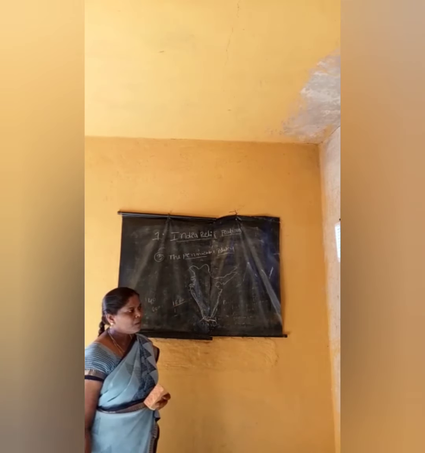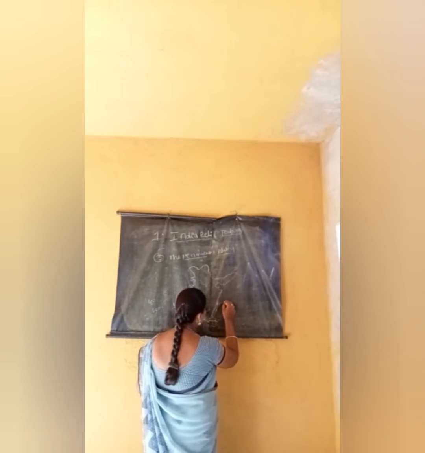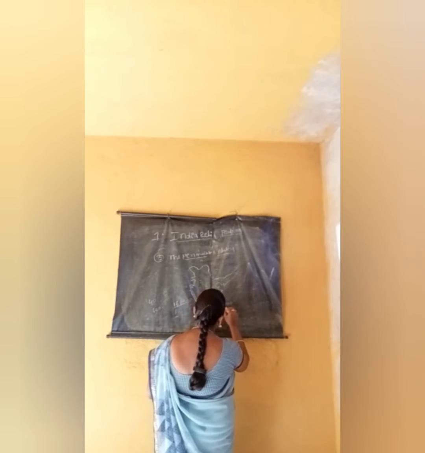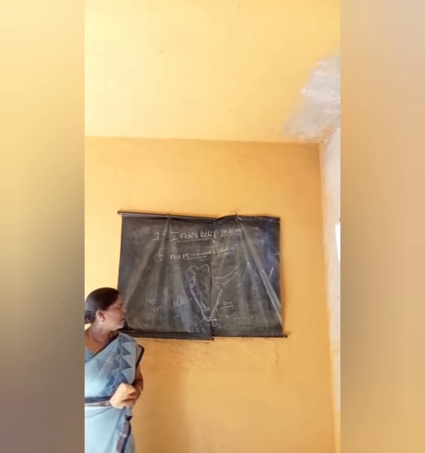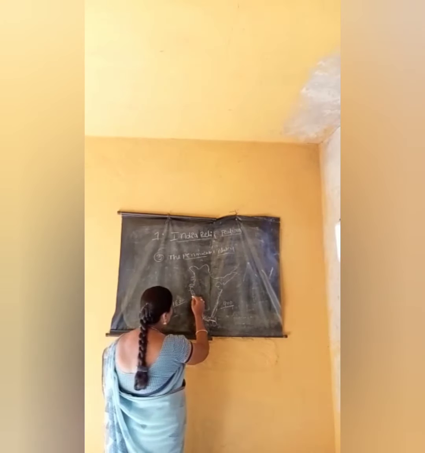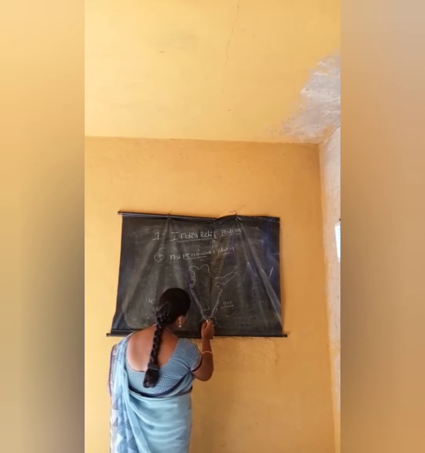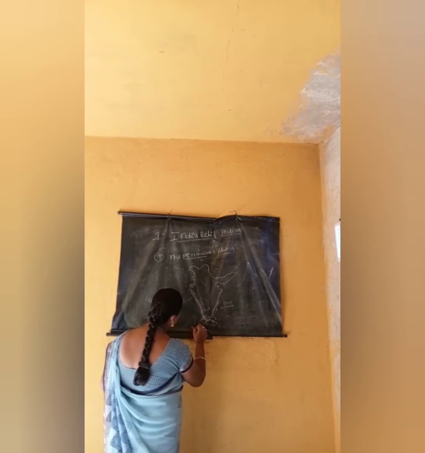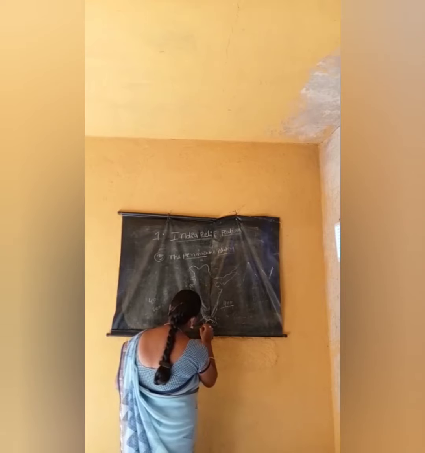The Eastern Ghats length is 900 kilometers. The southernmost tip of the plateau is Kanyakumari.